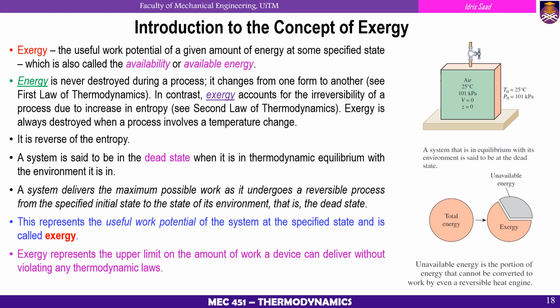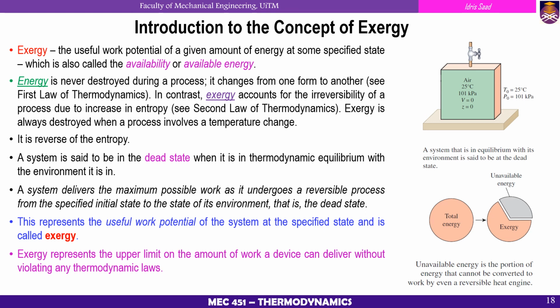In other words, exergy is the opposite of entropy. Exergy is the energy that is converted to useful work, but entropy is the energy that could not be converted into useful work.